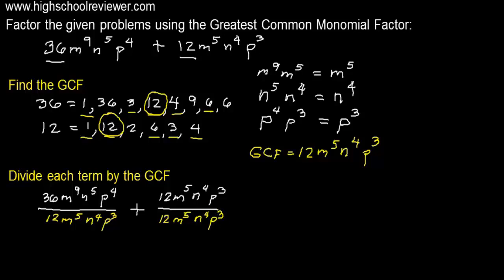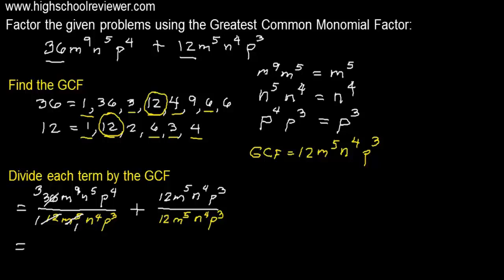So the answer for this division: 36 divided by 12, that will be 3. M^5, we can cancel this out, this will now be 1.